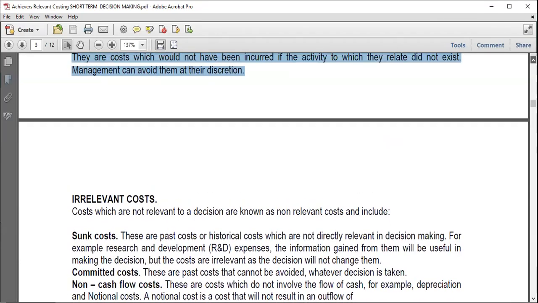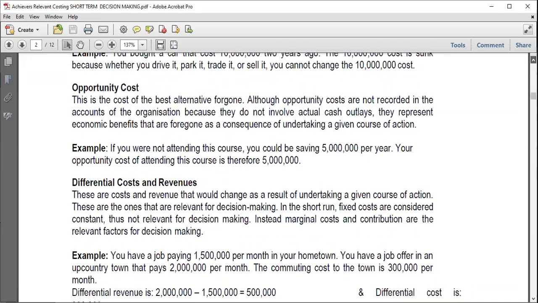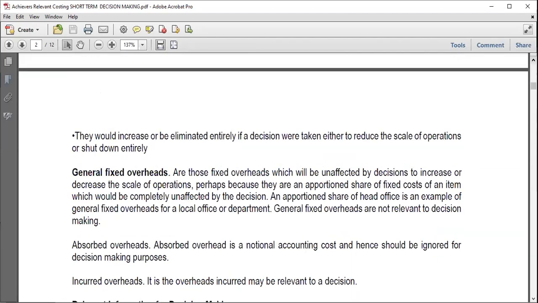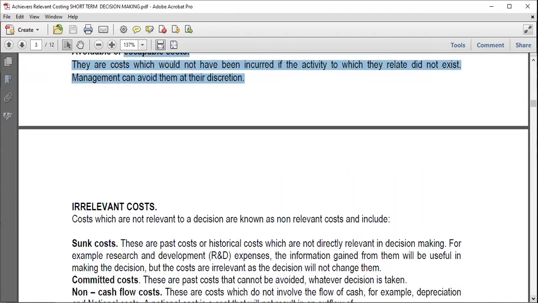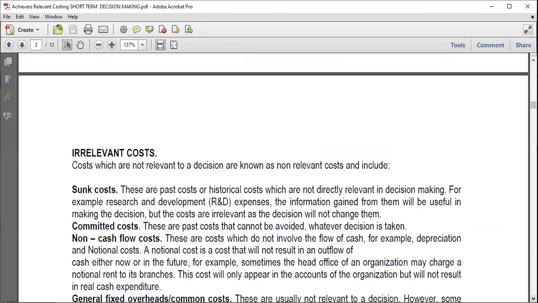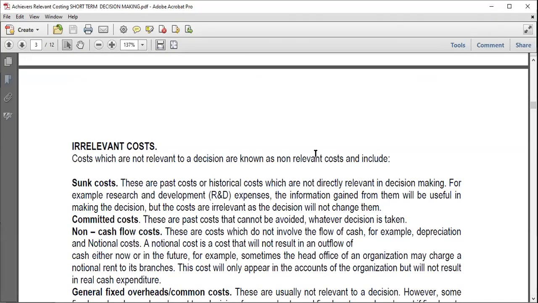So as you've seen here, we've been trying to look at relevant costs and what you should basically have in mind. Now, the next thing that we want to look at are what we call irrelevant costs. These are costs that, in case you find them in any decision-making scenario, you leave them out.